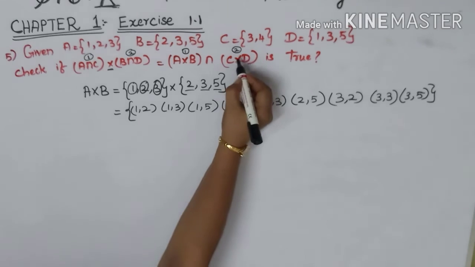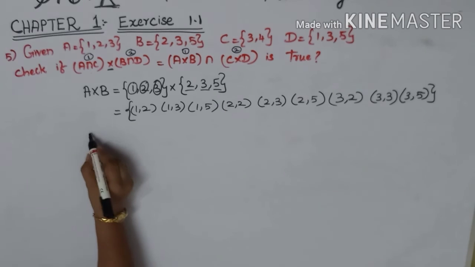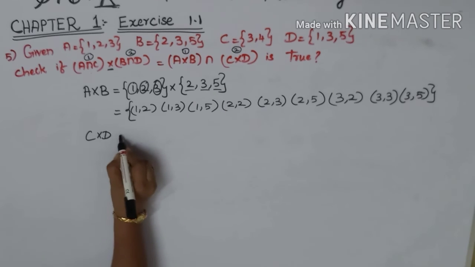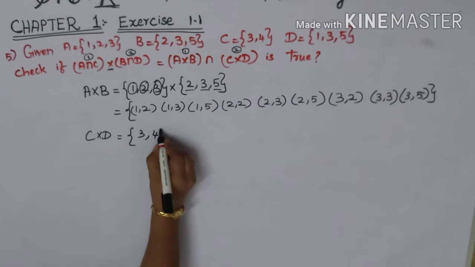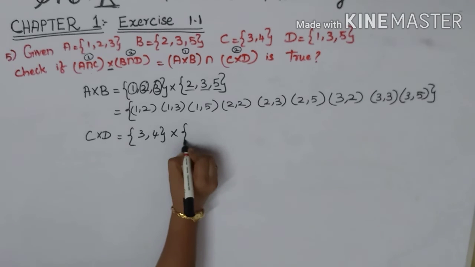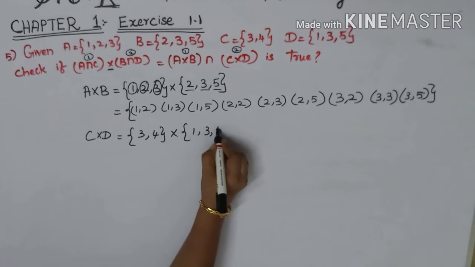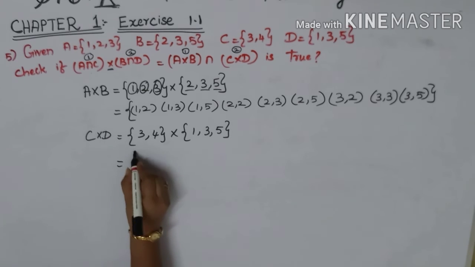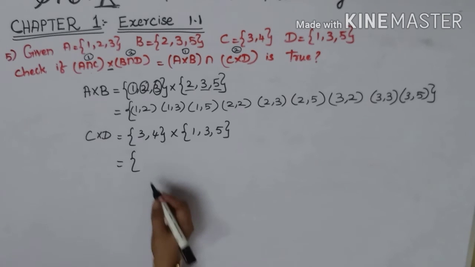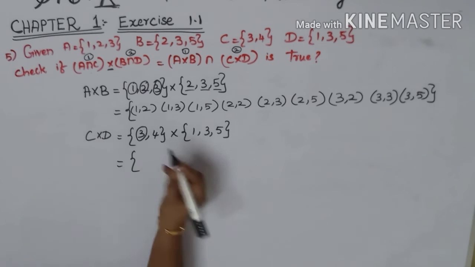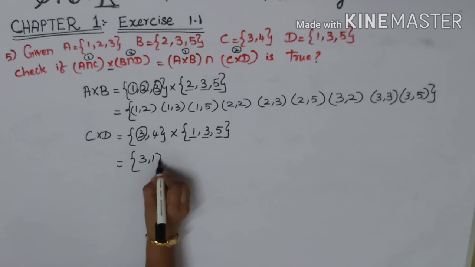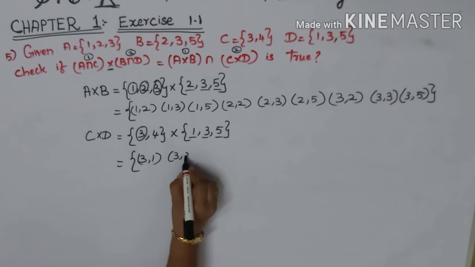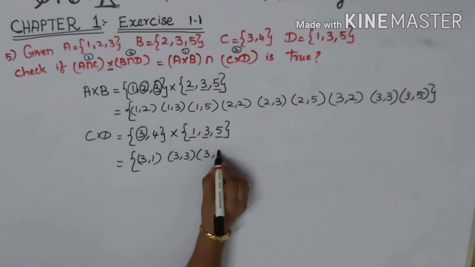Your next step is C cross D. So write your C, it is {3, 4}, cross D, {1, 3, 5}. Now writing your Cartesian product, open your set bracket. Your first element in C joining with these three elements in D. So (3, 1), (3, 3), (3, 5).